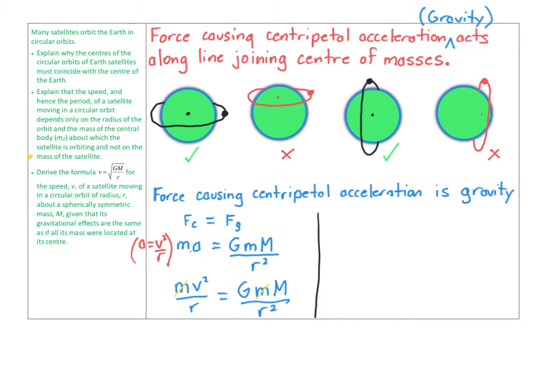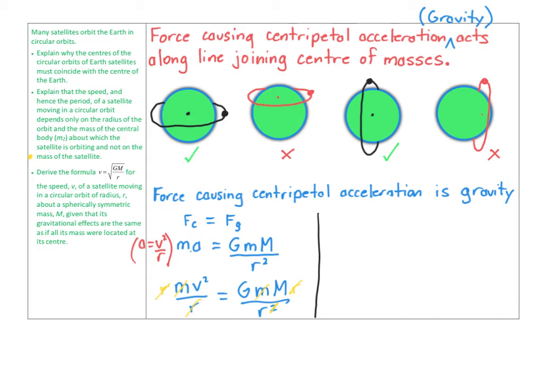And we want to get rid of the r on the bottom here to get v. I'm going to times both sides by r. And that cancels, and that r here cancels out with one of the r times r's there.